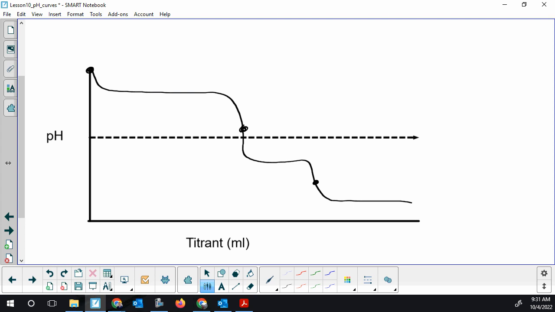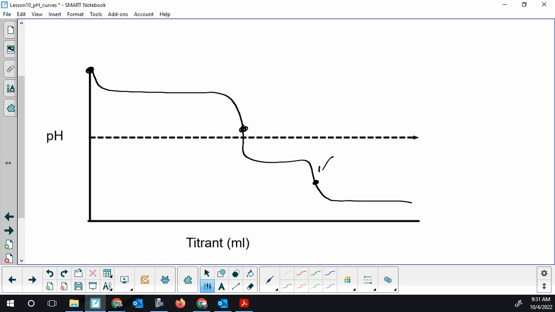And when one of the species is weak with a strong species, the equivalence point isn't going to be at 7 anymore. And in Chem 30, you'll learn how to predict where it shifts. But this is what you'd get when you have a diprotic species with a strong species.